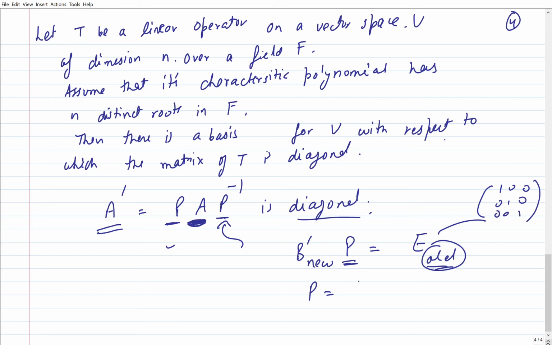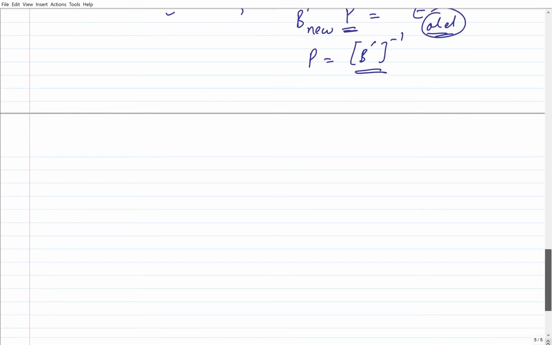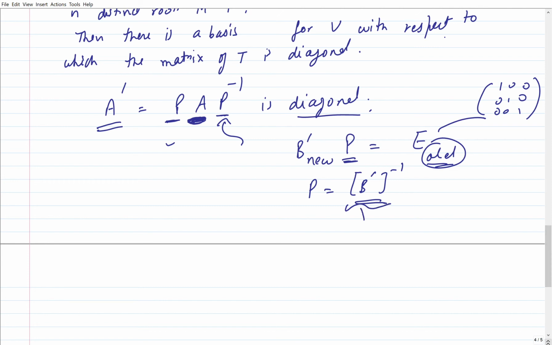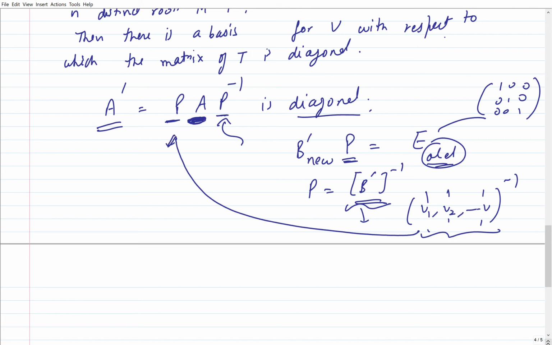So I get P as B inverse. So the B inverse, what was it? This was just your eigenvectors expressed as column vectors. Inverse of that matrix gives me this matrix P. So once I know the eigenvectors, I can express this as a change of basis, and this matrix is going to be a diagonal matrix.